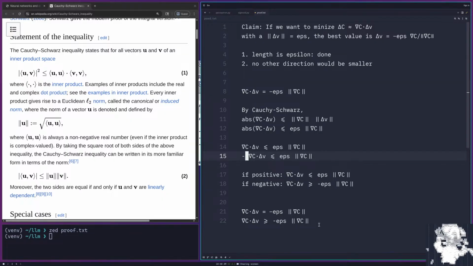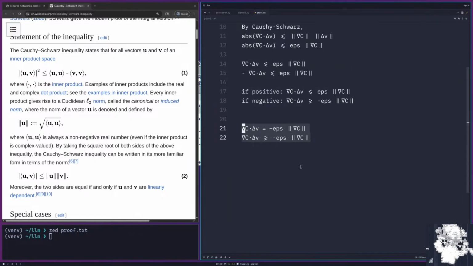So we do end up with this. We know that it has to be greater or equal to this, and we found a way to make it equal to this.